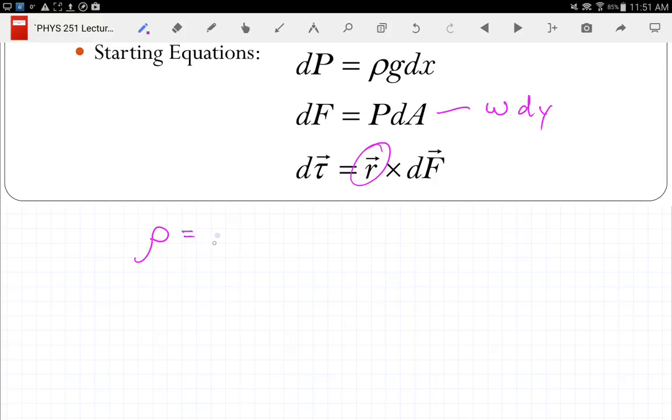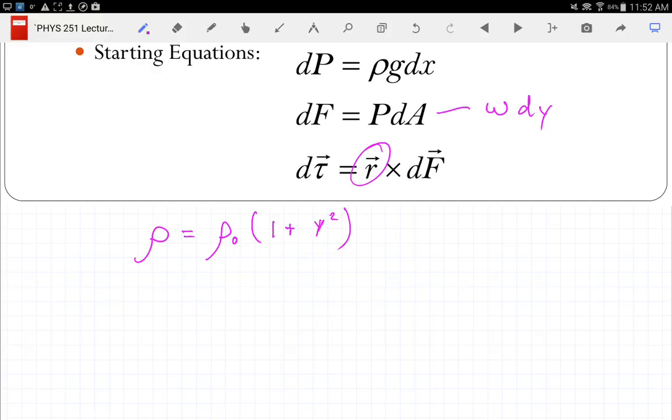So let's just say that I gave you, instead, that the density is equal to this times 1 plus, okay, it's got to increase as we go down. Well, let's just say 1 plus b y squared.